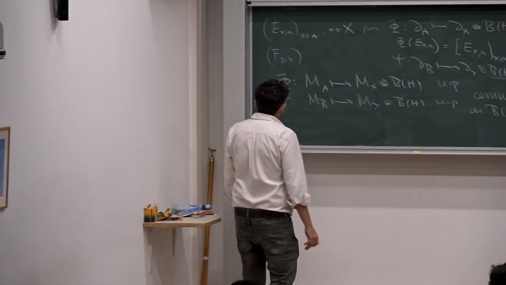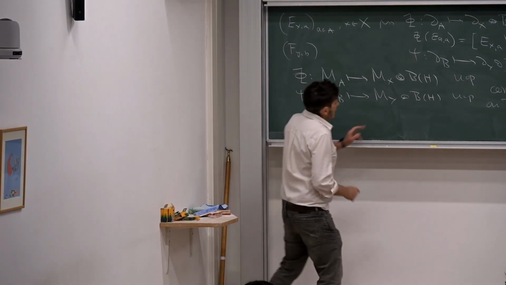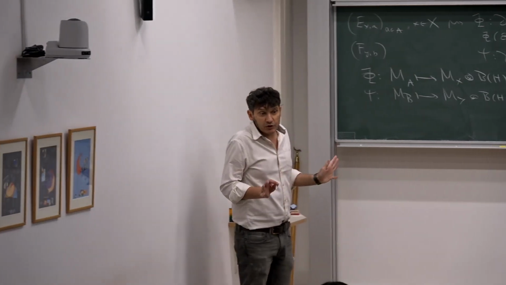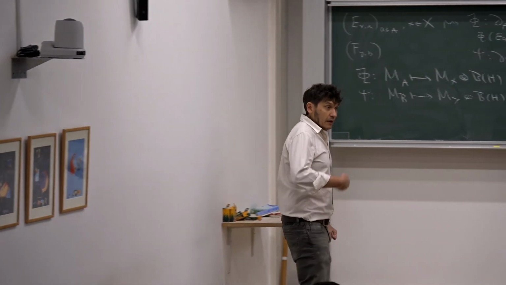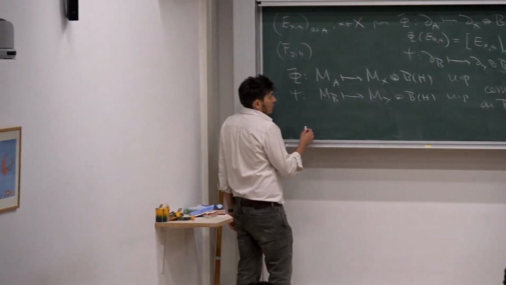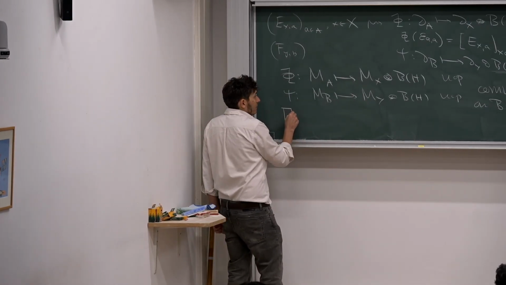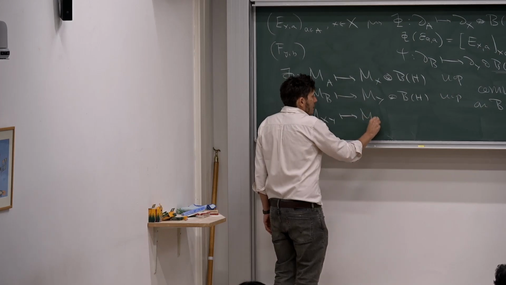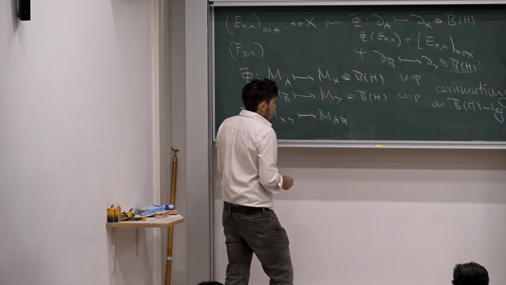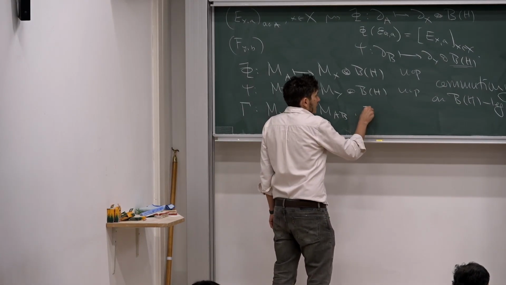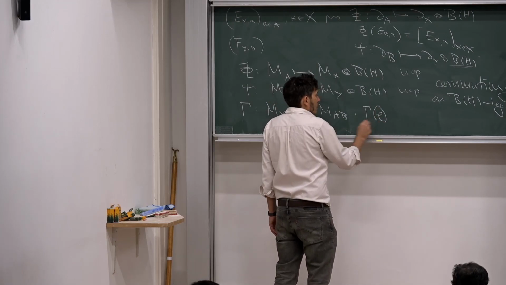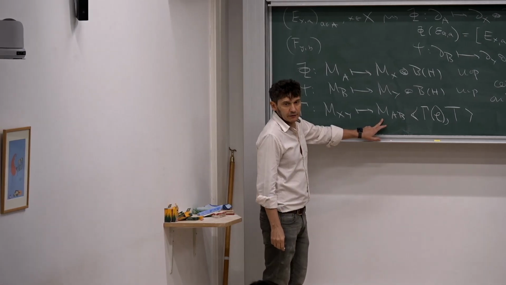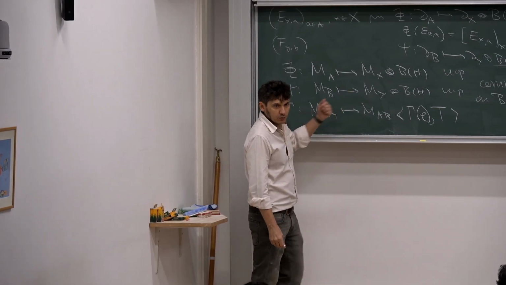All right, so once I have these two, now imagine the case where this is just one-dimensional. If I do the procedure that I will do, I will arrive just at the elementary tensor phi tensor psi. If not, I need to arrive at a map gamma from M_XY to M_AB. There is only one really way to do that now. If I have a certain state rho, and I want to pair it with a certain operator T upstairs here, so this has to be a state, I need to pair it with an observable.